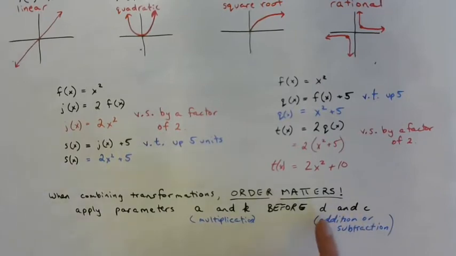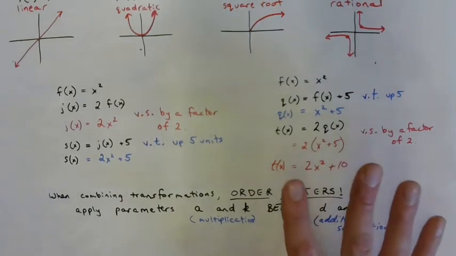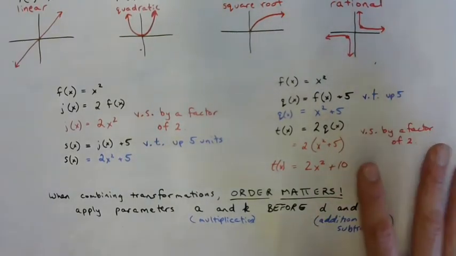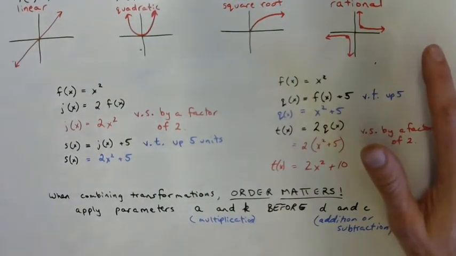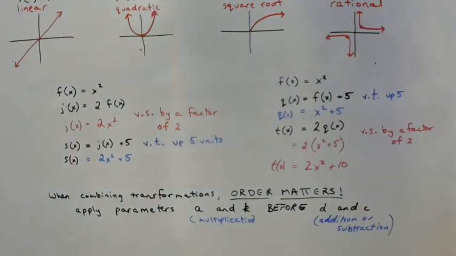Does it matter which order I do these in? No. As long as I do my stretch, compression, reflection first, then this is just moving it around. It makes no difference if I move my hand to the right and then up, or up and then to the right. So it's only when you're doing both that it matters.